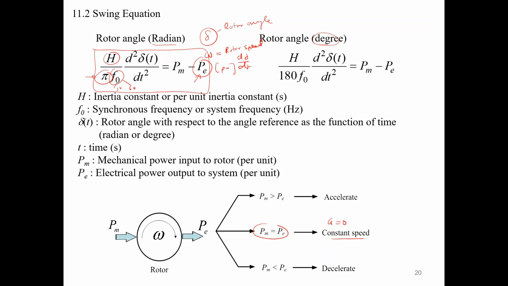We are interested in how Pe would be associated with the rotor angle. If we change the rotor angle, you learned from power system one that the electrical power output would change.